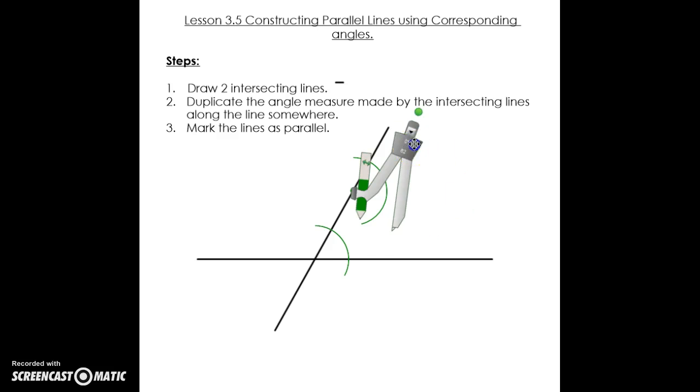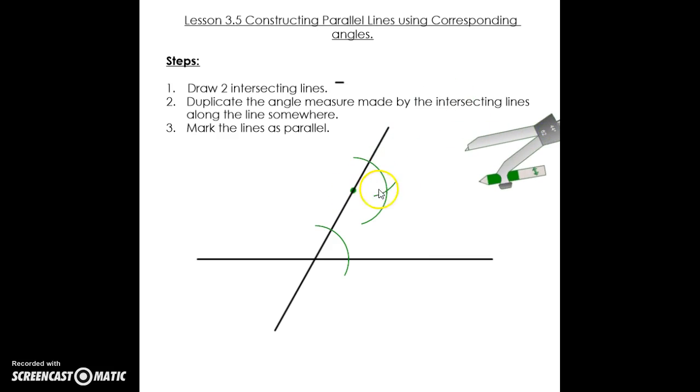And then I'm going to measure that angle's width from the two intersecting points for the angle. And I will take that up here, and I'm going to place it on the one intersection that I have, and I'll make an arc mark. And that arc mark is where I'm going to connect with my point, and that line that I create should be parallel with the one below.